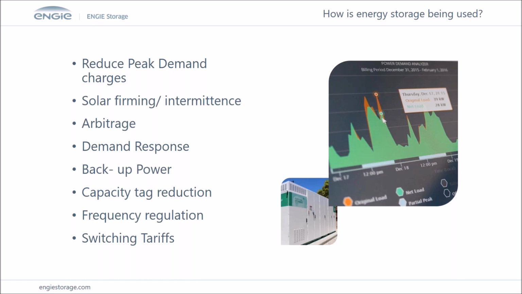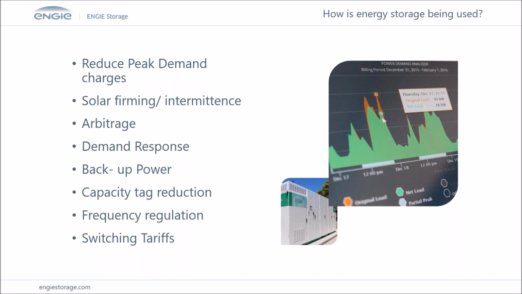Depending upon the utility and the tariff you're on, if you can lower the maximum level of demand, usually a couple of times a month or a year, you're able to switch to a lower tariff, which has a lower cost and many times a lower fixed component and possibly even a lower energy component. So these are some of the ways in which energy storage is mostly being used to either create revenue or drive savings off the utility bill.